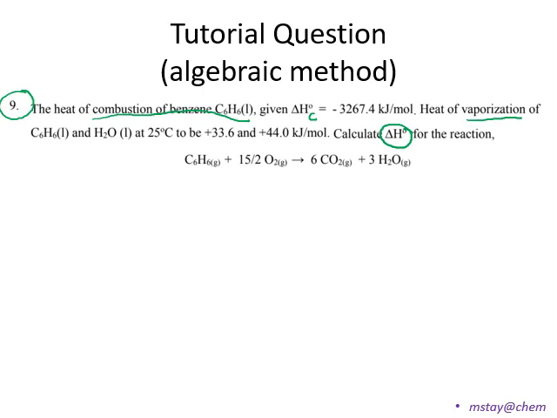The enthalpy given in the question is combustion and vaporization, which is different from formation. Therefore, for this question, we are not going to use the formula. I already wrote down here: algebraic method. We will get the idea of the algebraic method soon.